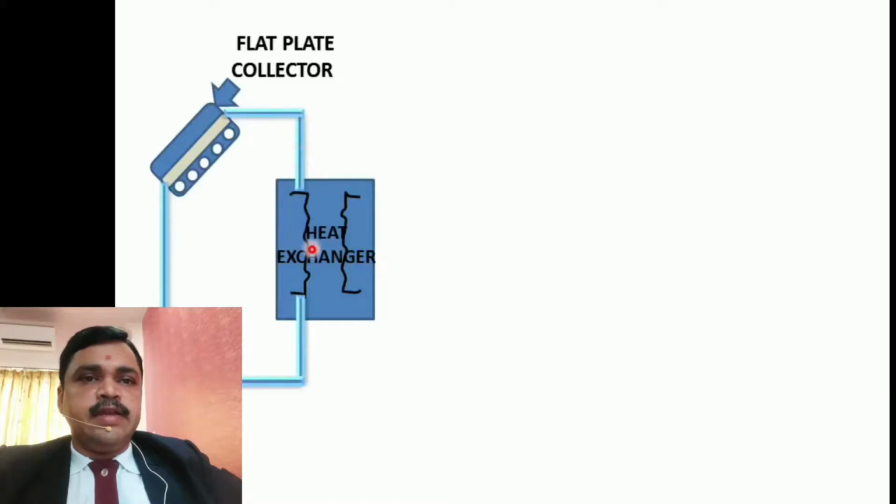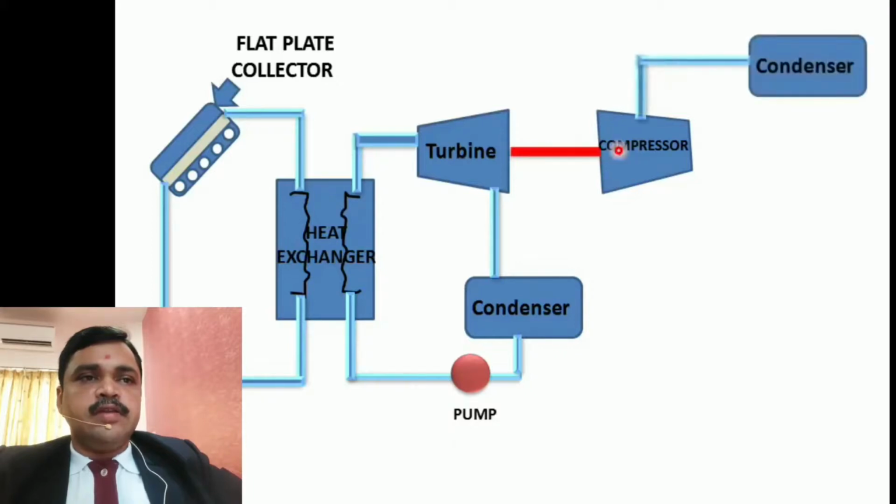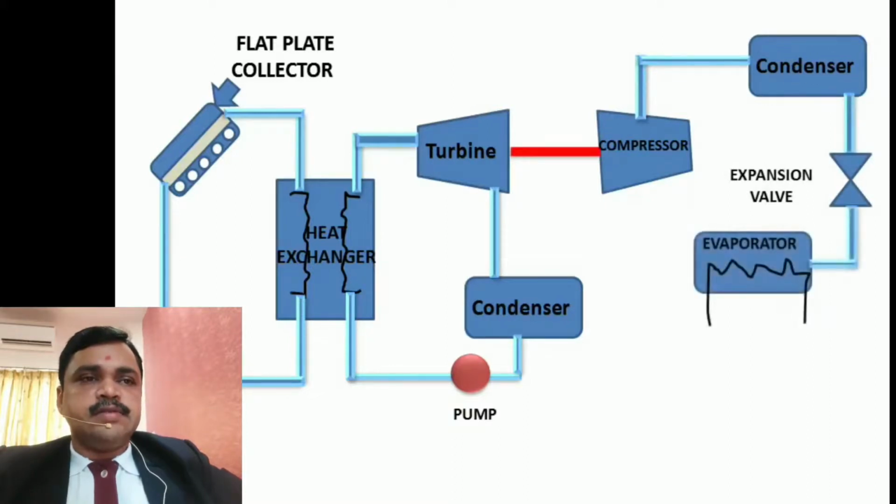There is one cycle where heated water is passed into the heat exchanger, where it exchanges heat, and then there is the arrangement of turbine, compressor, condenser, pump, expansion valve, evaporator, and our space where cooling is required.